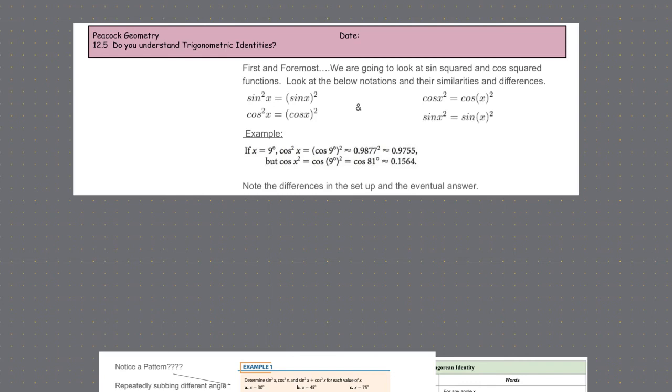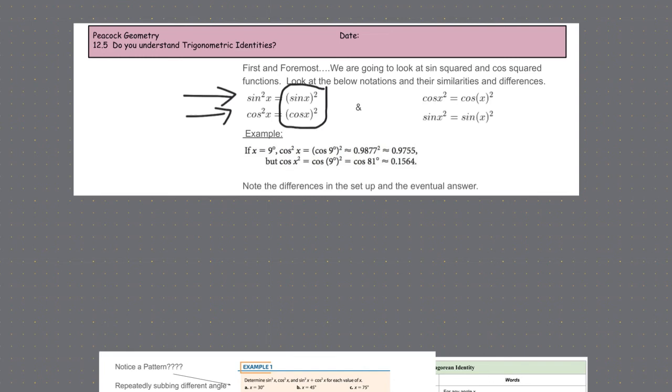First of all, I want you to look at these identities right here. This is sine squared x and cosine squared x. Now they are written this way. You will always see them this way. But what they mean for you and for calculator purposes is sine of x, squared.